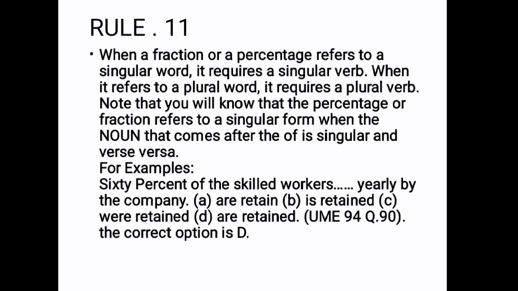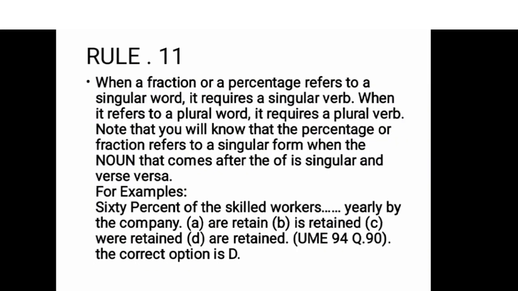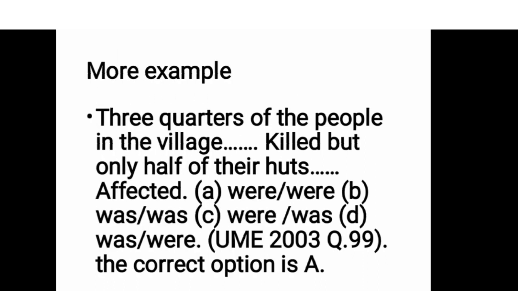For example, 60% of the skilled workers ___ yearly by the company. The answer is "are retained". Why is it "are"? You see that the word close to the verb is in S, so you go with the rule.